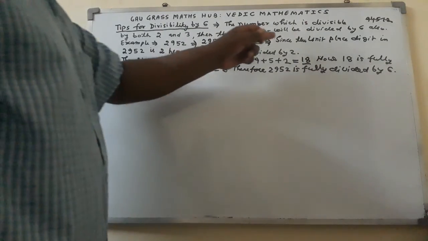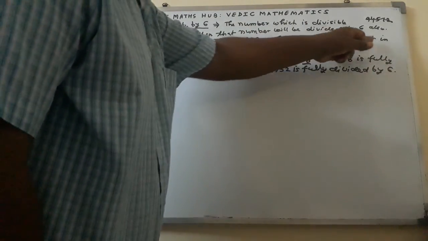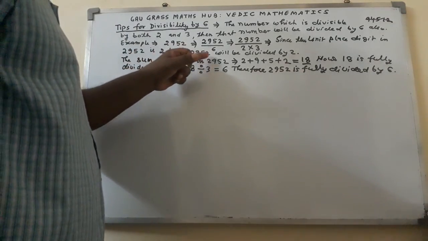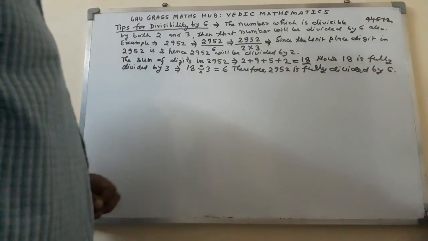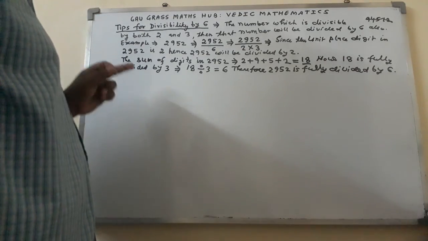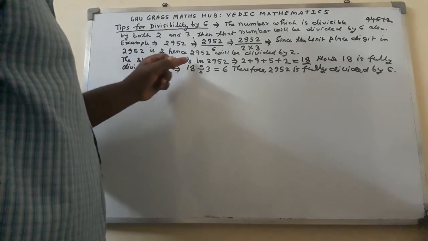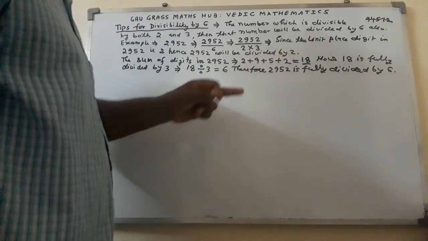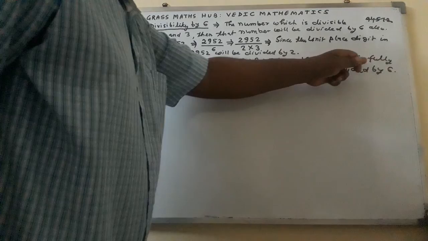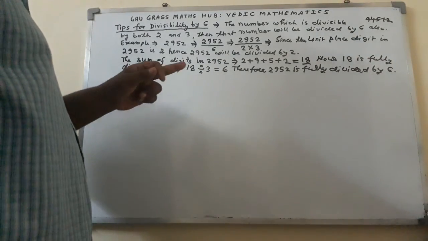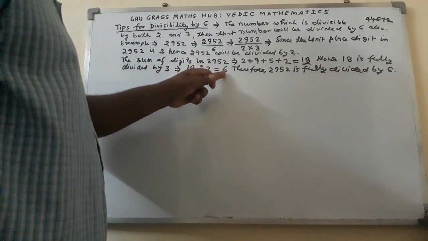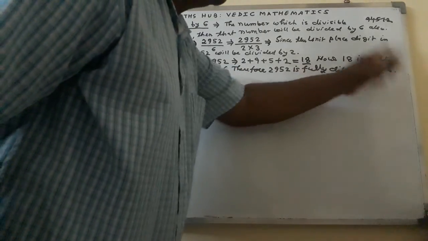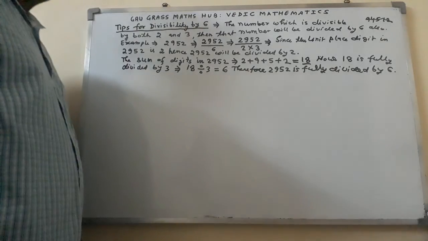Since the unit place digit is 2, it is divisible by 2. The sum of digits is 2 plus 9 plus 5 plus 2, which is 18, and 18 is fully divided by 3. Therefore 2952 is fully divided by 6. This is the concept you must remember.